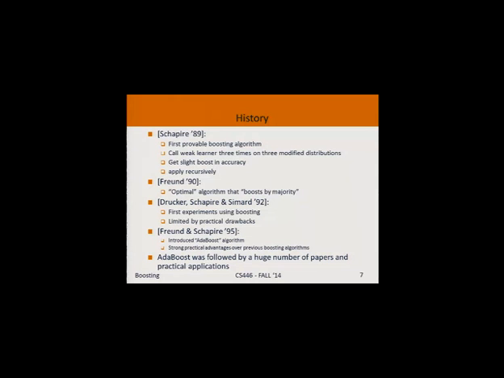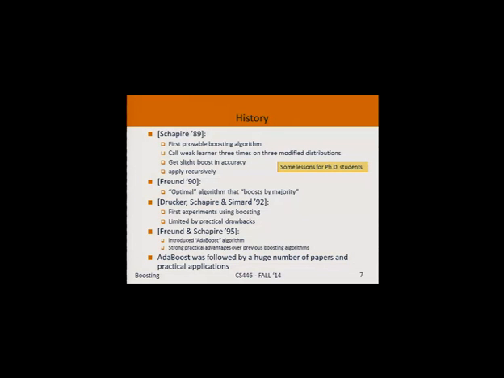I want to spend a minute here because there's a very important lesson here for PhD students. In fact, two lessons on this slide. One lesson is this. Even though the problem was solved by Rob Schapire, he solved the problem that Valiant posed: is weak learnability equivalent to strong learnability?